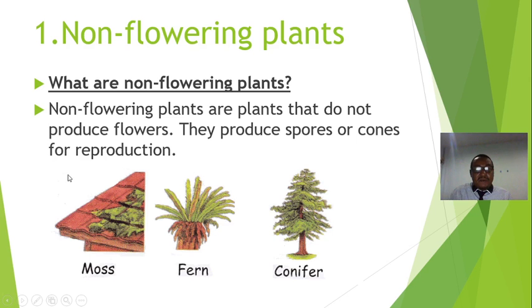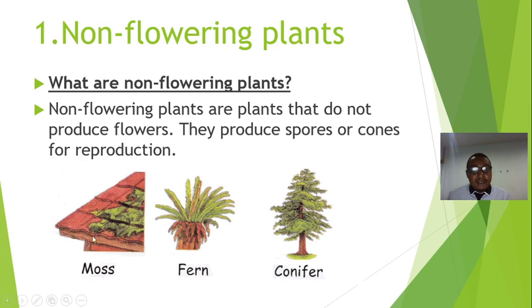Let us start with group number one, and that is what we call non-flowering plants. Now, what are non-flowering plants? Non-flowering plants are plants that do not produce flowers. Instead of producing flowers, they produce what we call spores or cones for reproduction. Examples of non-flowering plants are number one, moss.